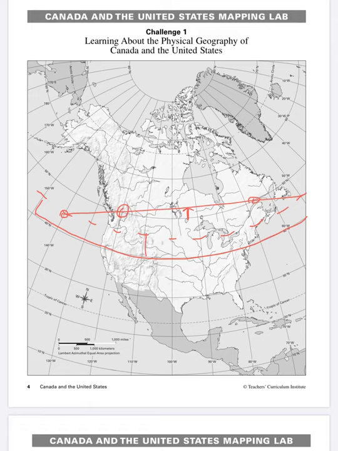Additionally, if I look at my lines of longitude, they run very similar as well. Now, the difference here is that if I'm looking at my line, let's say I'm looking for 105 degrees west, notice how much smaller that area is between the boxes as opposed to here.